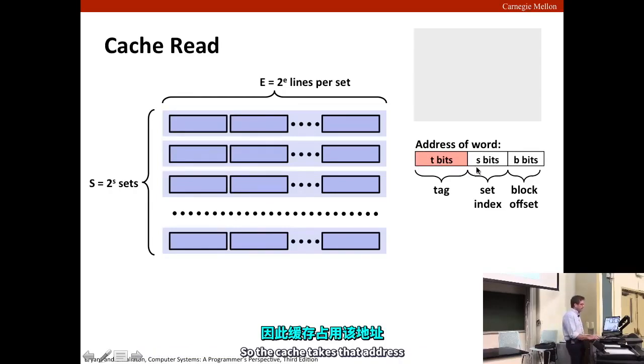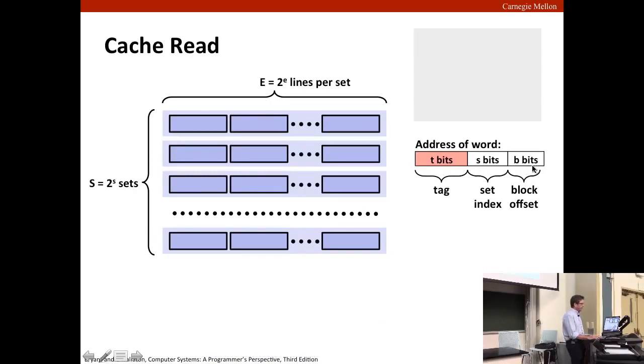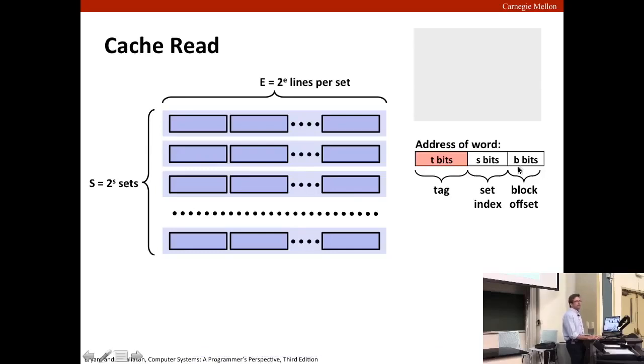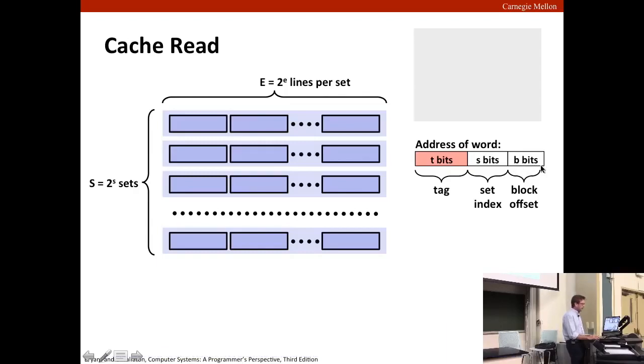So the cache takes that address, which would be a 64-bit address in the case of x86-64, and it divides the address into a number of regions, which are determined by the organization of the cache. Okay, they're determined by those parameters: S, the number of sets, E, the number of lines per set, and B, the size of each data block.